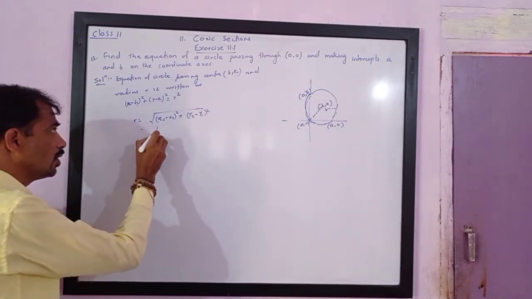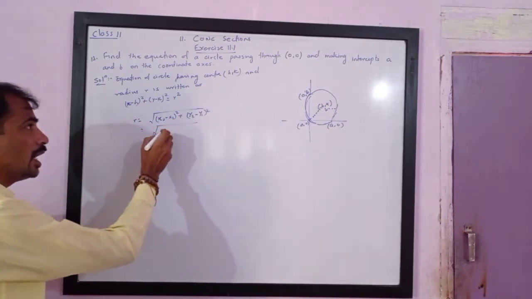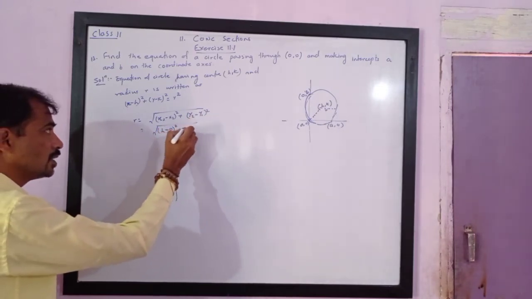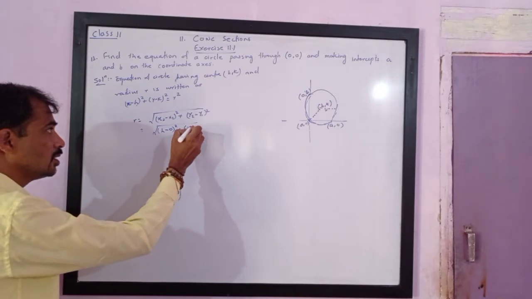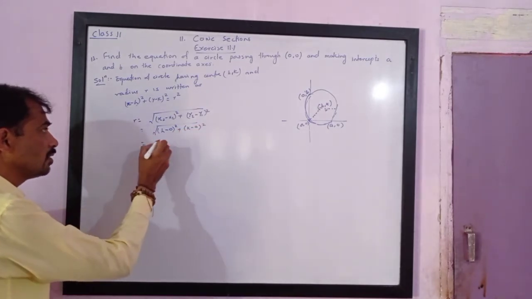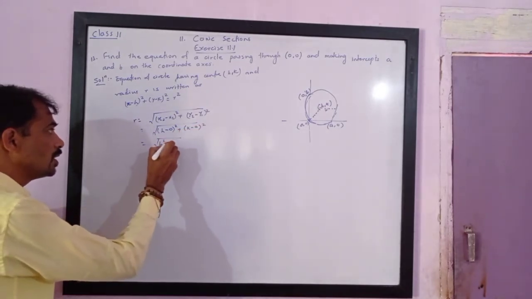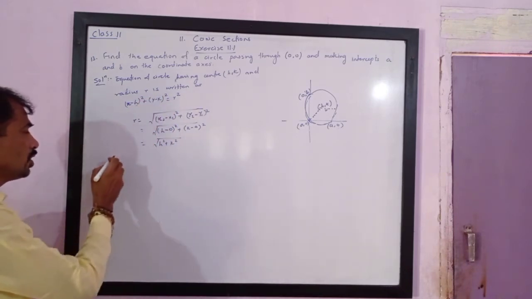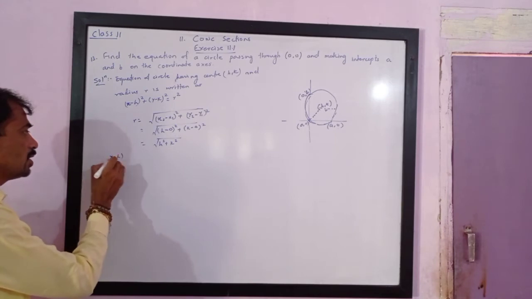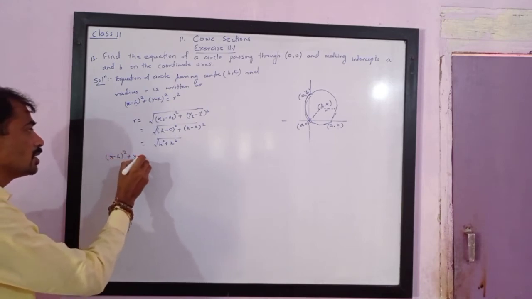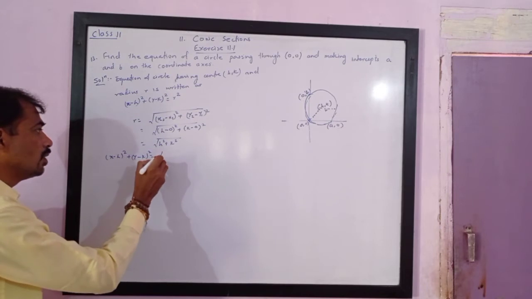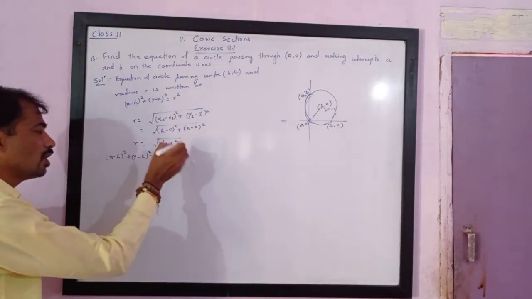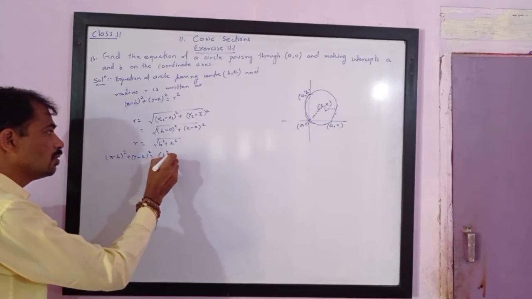So this is equal to under root (h minus 0) whole square plus (k minus 0) whole square, that is equal to under root h square plus k square. So this equation of circle becomes (x minus h) whole square plus (y minus k) whole square is equal to, please note, it is the square of radius, this is r, so square of this will be h square plus k square.